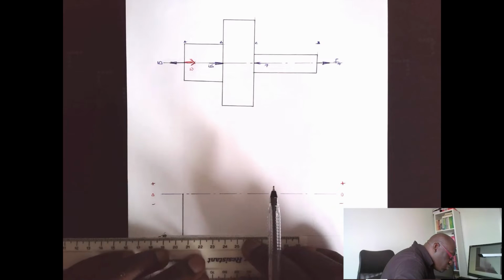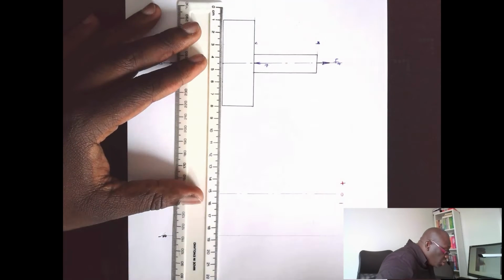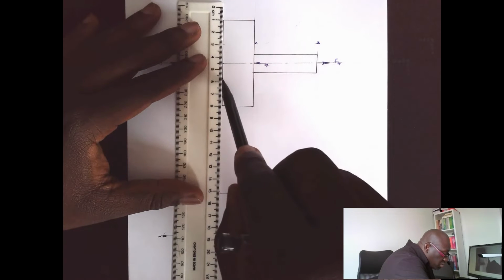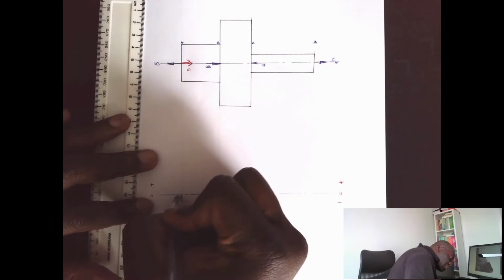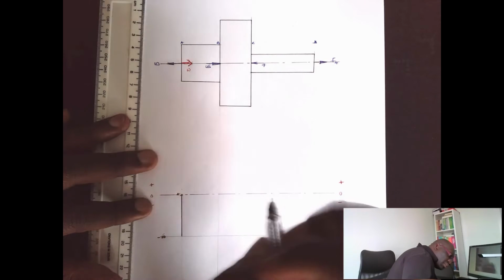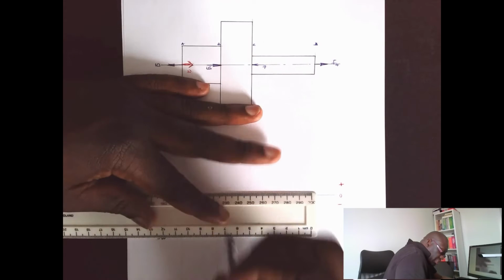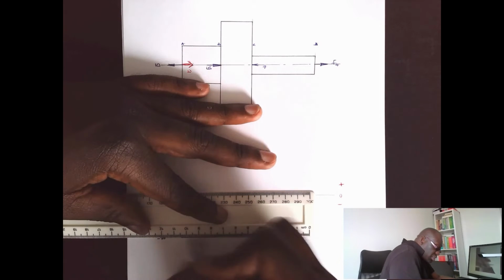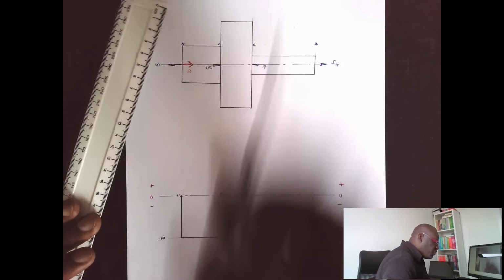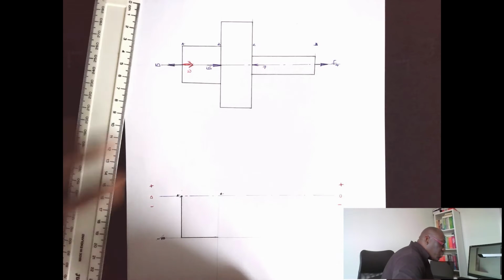So we're going to draw a projection from interface B. Let's call this A and this B. As I stated, we're going to assume that to be constant until we get to interface B, where we have the 15 kilonewton force.